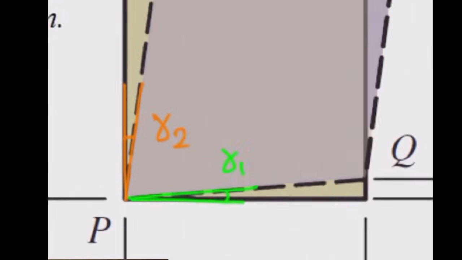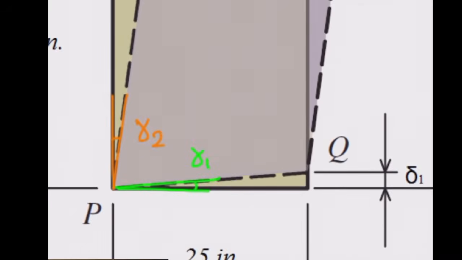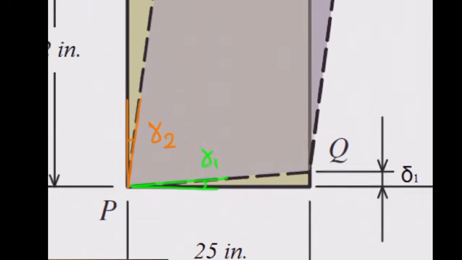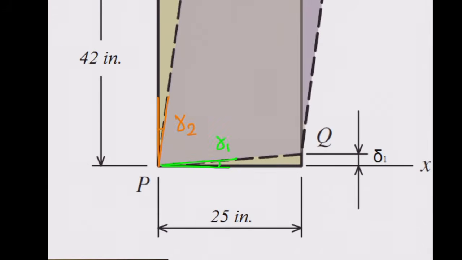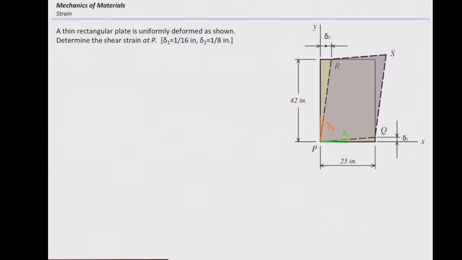Let's focus on calculating gamma 1. To determine gamma 1, we can form a triangle. Tangent of gamma 1 is delta 1 over 25 inch. So let me write it down here. Tangent of gamma 1 is equal to delta 1 over 25 inch.